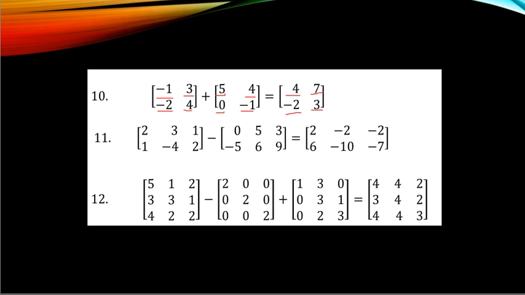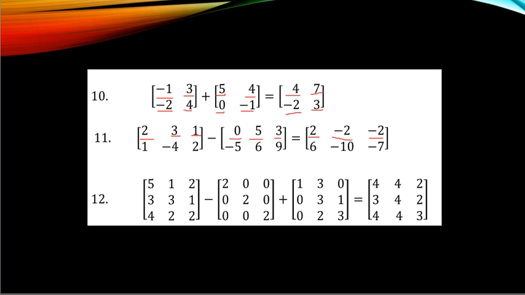You have 3. Number 11, you have 2 by 3 matrices, 2 rows, 3 columns. So subtraction is possible where you have 2 minus 0 is 2, so you have 2 there. 3 minus 5 is minus 2. Then you have 1 minus 3 is minus 2.